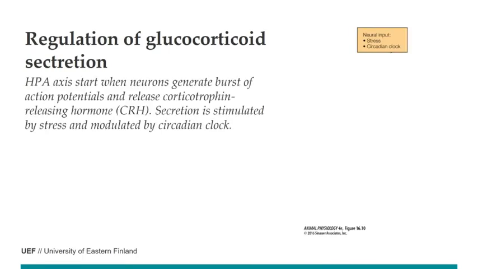So we have neurons that are generating bursts of action potentials, and then they are causing these neuroendocrine cells to release the corticotrophin releasing hormone. And these action potentials and the secretions are stimulated by stress and modulated with the circadian clock. So that's why we have these corticotrophin releasing hormones at different levels at different times of the day.